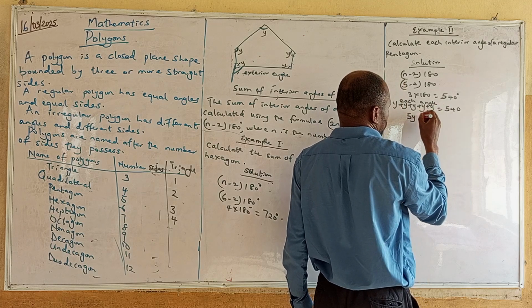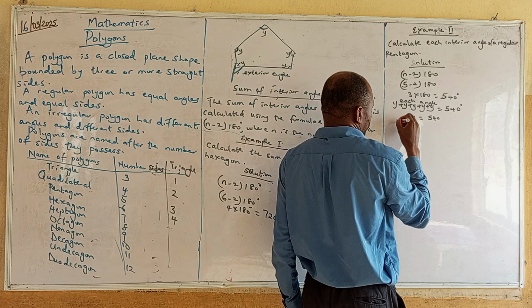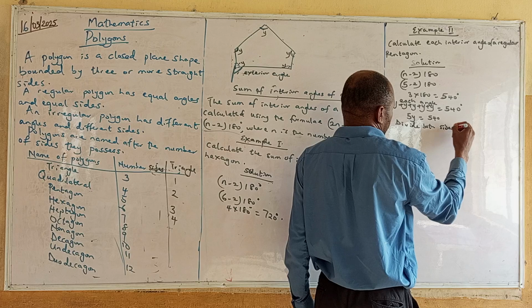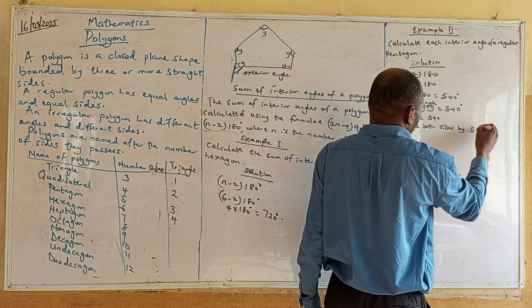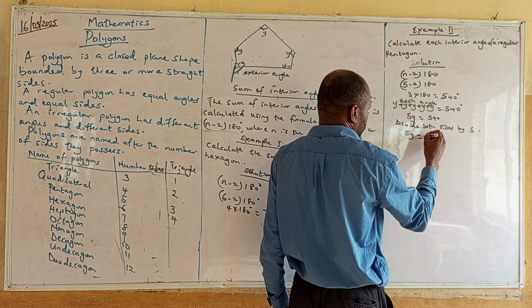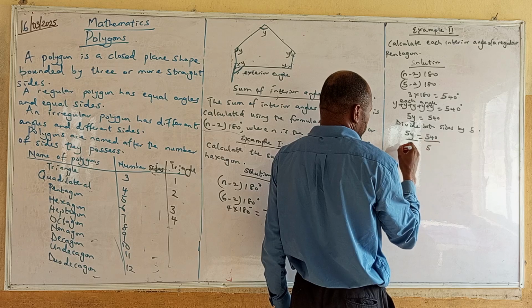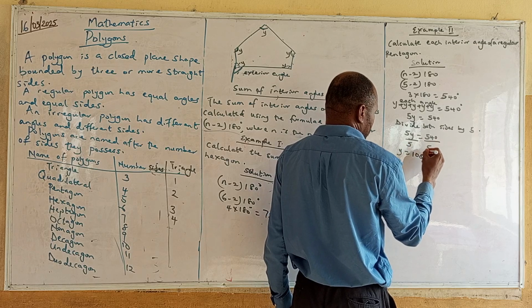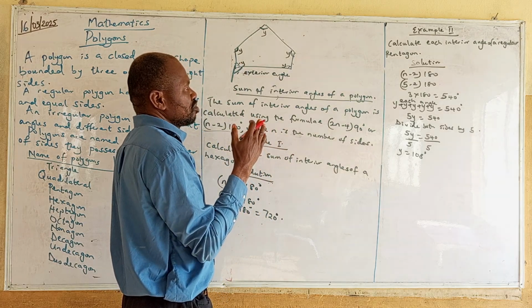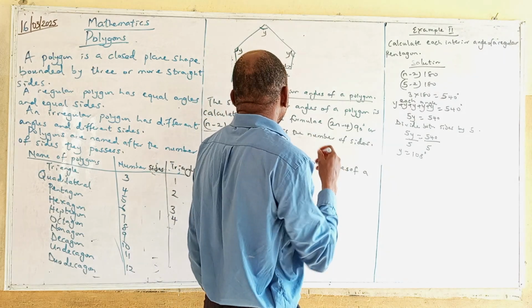So 5y will now be 540 degrees. Then divide both sides by 5. So y equals 108 degrees. That means each interior angle of a regular pentagon is 108 degrees.